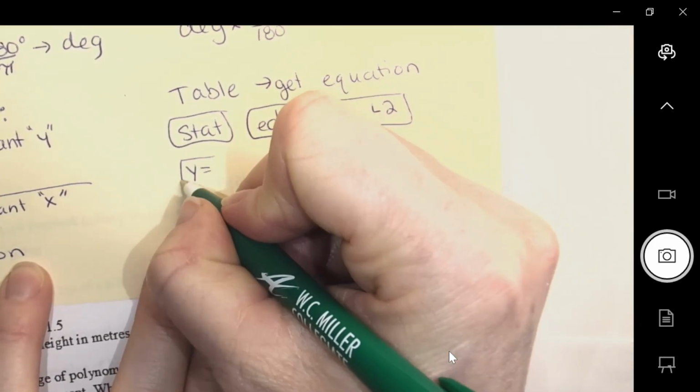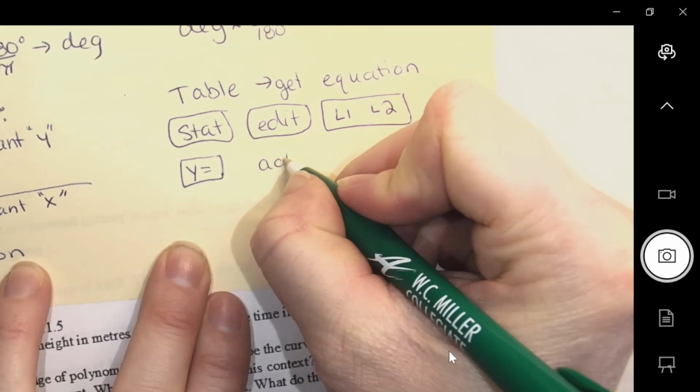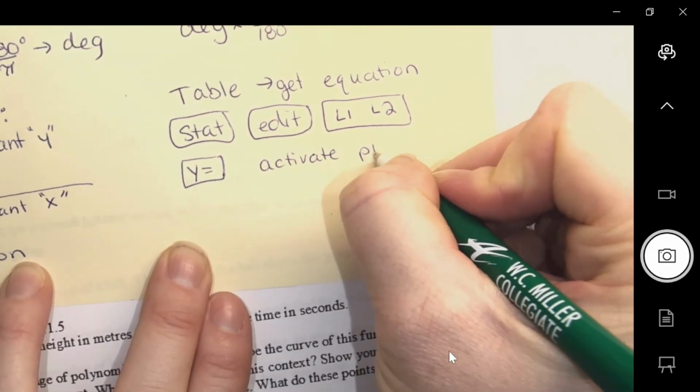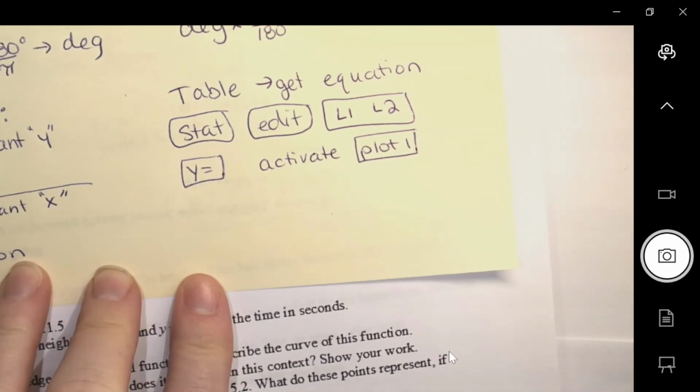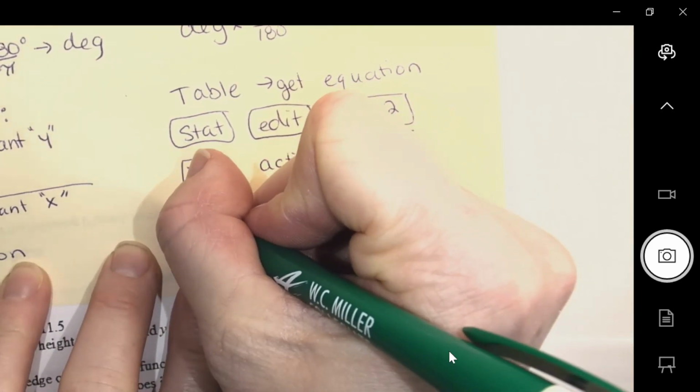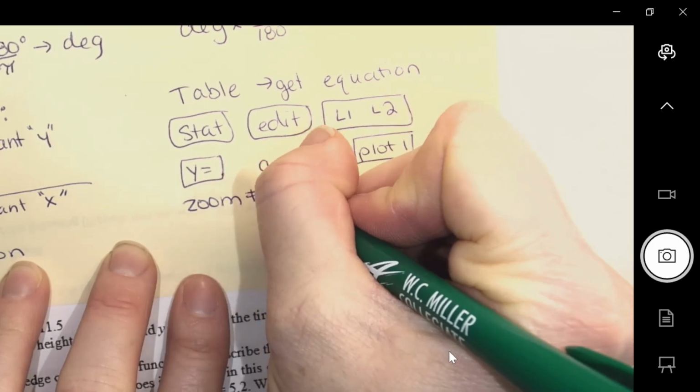Then we hit y equals, and we activate plot 1. And then we did a zoom number 9.